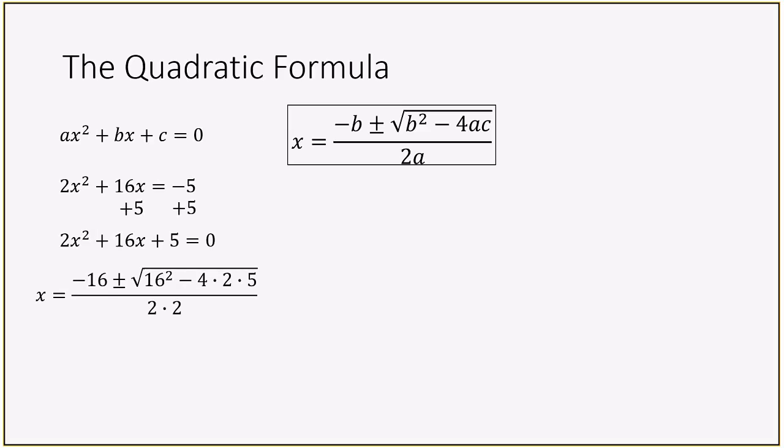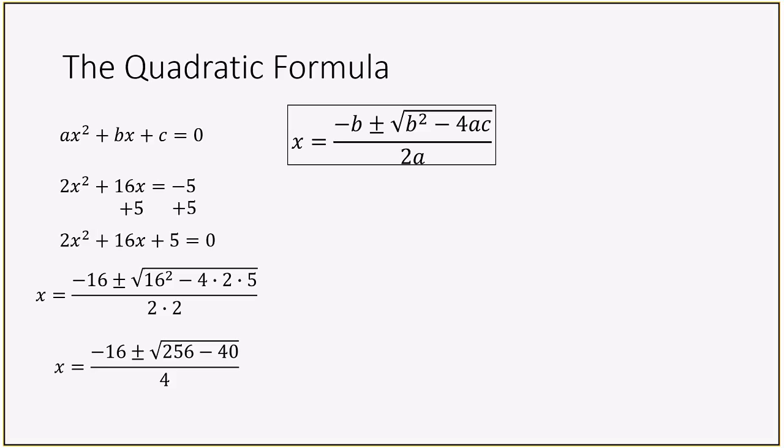And then from there on out, if I'm trying to solve for x, I'm just going to do order of operations. So I'm going to square my 16, and I'm going to multiply 4 times 2 times 5. So I have the square root of 256 minus 40, all square rooted, and then negative 16 plus or minus all over 4.